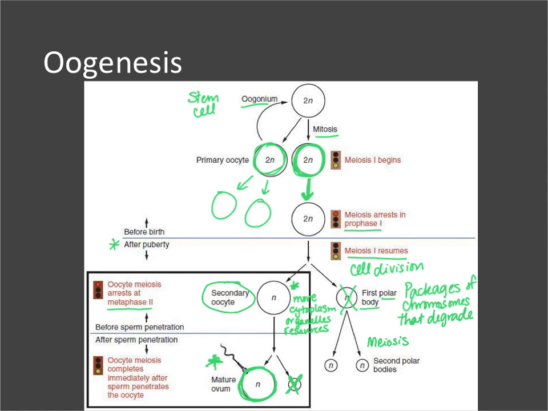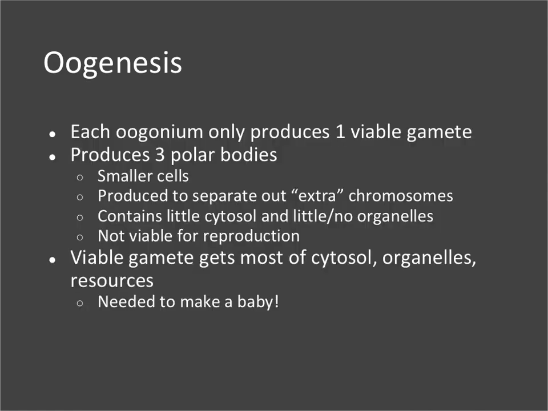And the same thing happens with this polar body over here. It might still go through that second round of meiosis, but it's going to form just two more polar bodies, which once again are not viable. So to summarize, during oogenesis, each oogonium, remember this is the stem cell in the ovary, only produces one viable gamete, or one viable ovum.